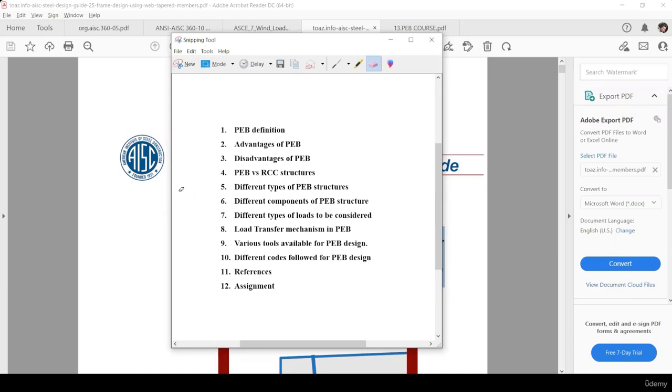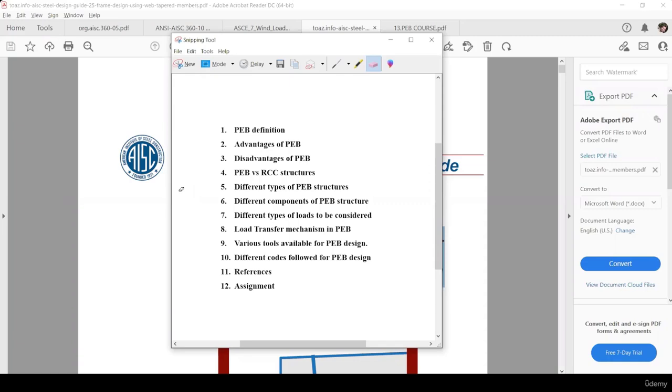And we have seen the different types of PEB structures, like rigid frame structure, BC column, beam column 1, beam column 2, and up to BC 5 or something we can do. And multi-span structures, single slope or monoslope structures we have seen.